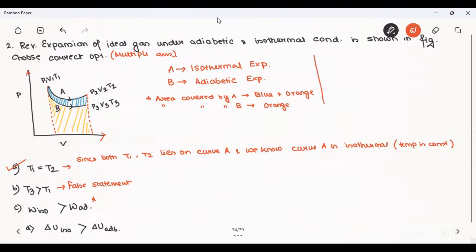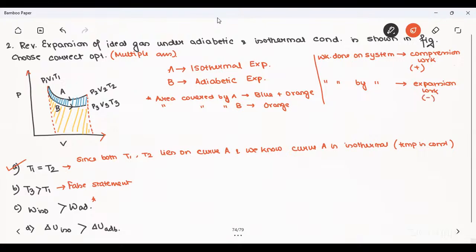Work done on the system is the compression work, and you get this value in positive, and work done by the system is the expansion work, and you always get this value in negative.